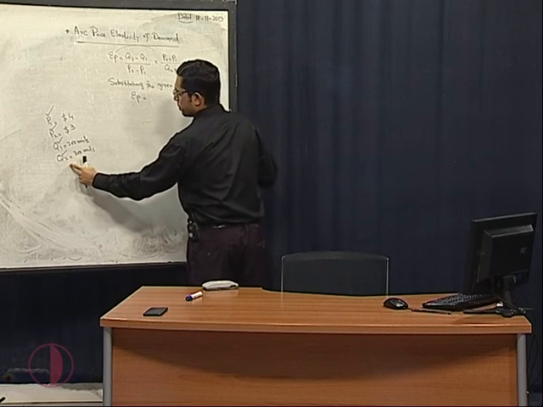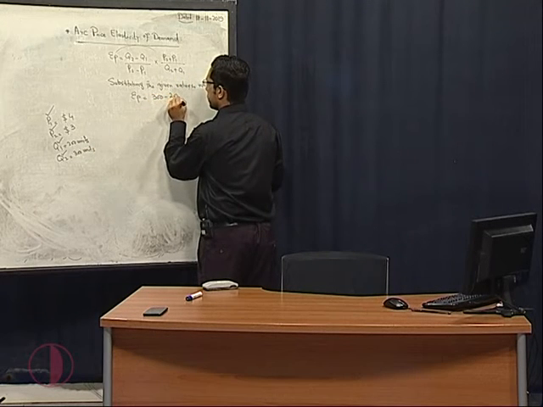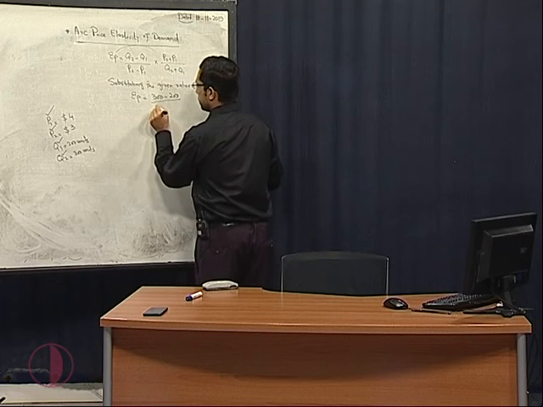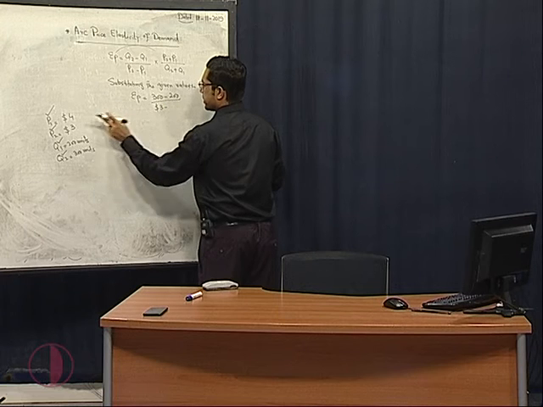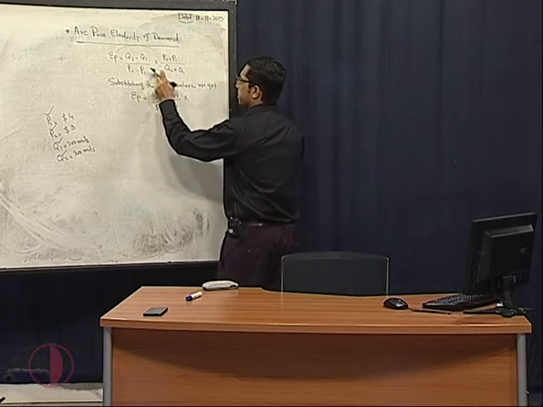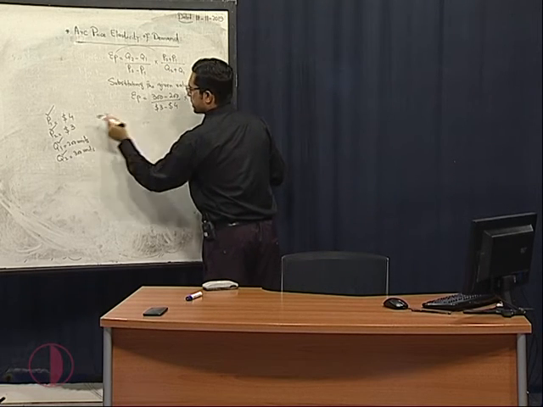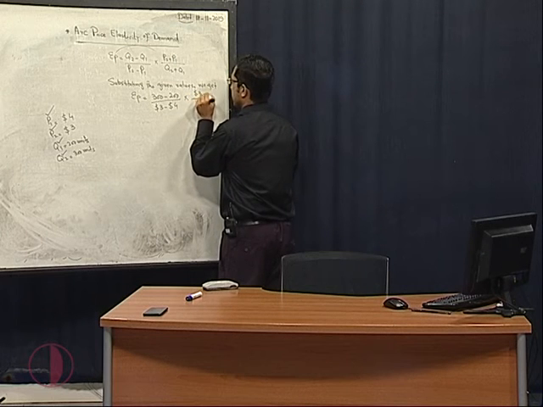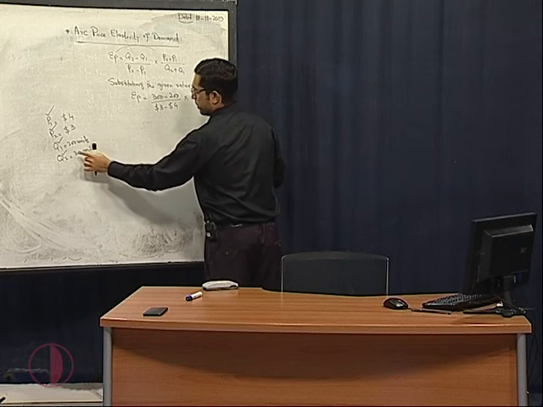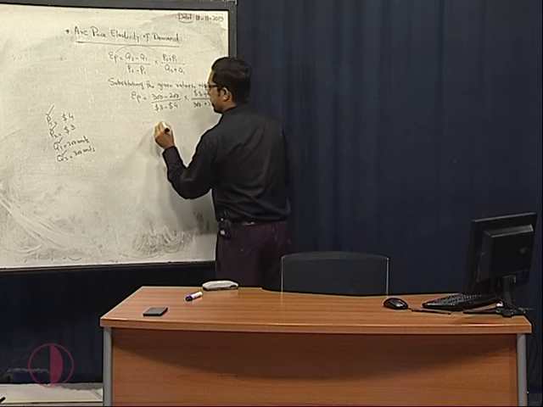Q2 minus Q1, 300 minus 200, divided by P2 minus P1, P2 $3 minus P1 $4, multiplied by P2 plus P1, $3 plus $4, divided by Q2 plus Q1, 300 plus 200.